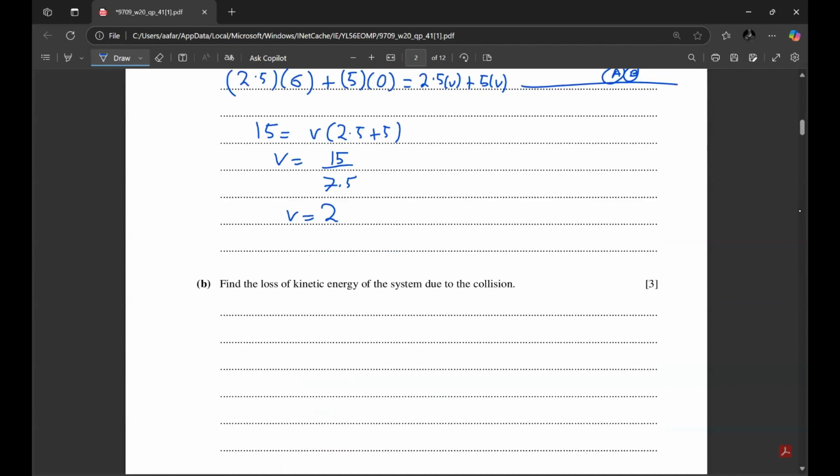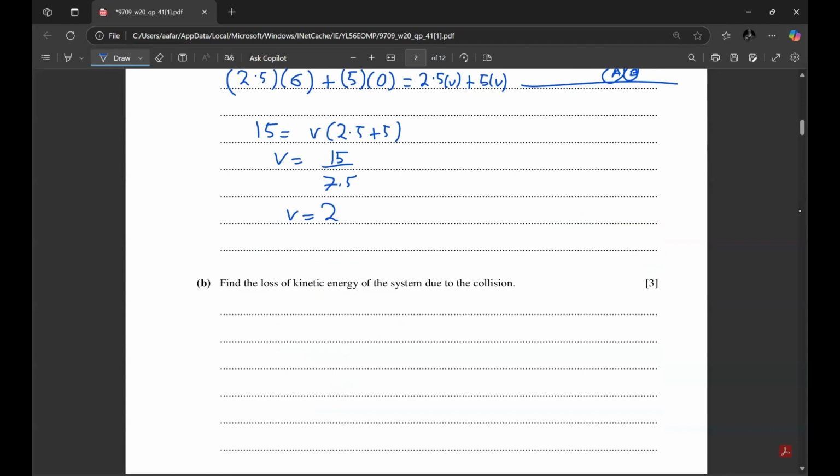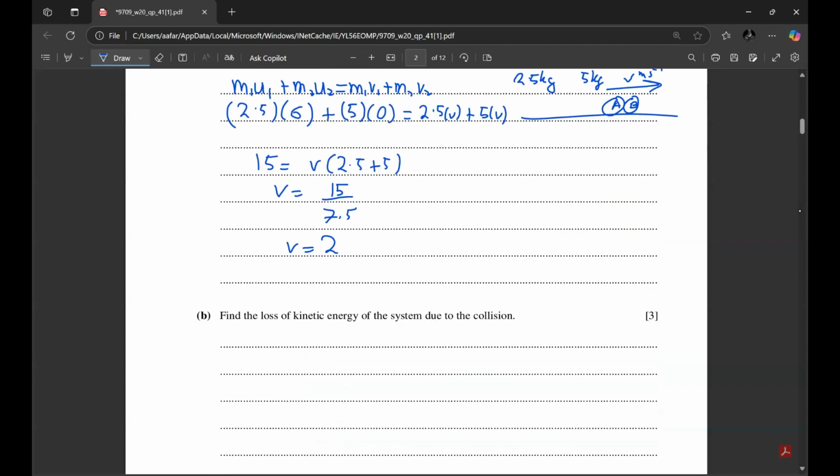Question number 1, part B. Find the loss of kinetic energy of the system due to the collision. Basically, to get a positive value, let's do final minus initial. Final kinetic energy is half m v squared.